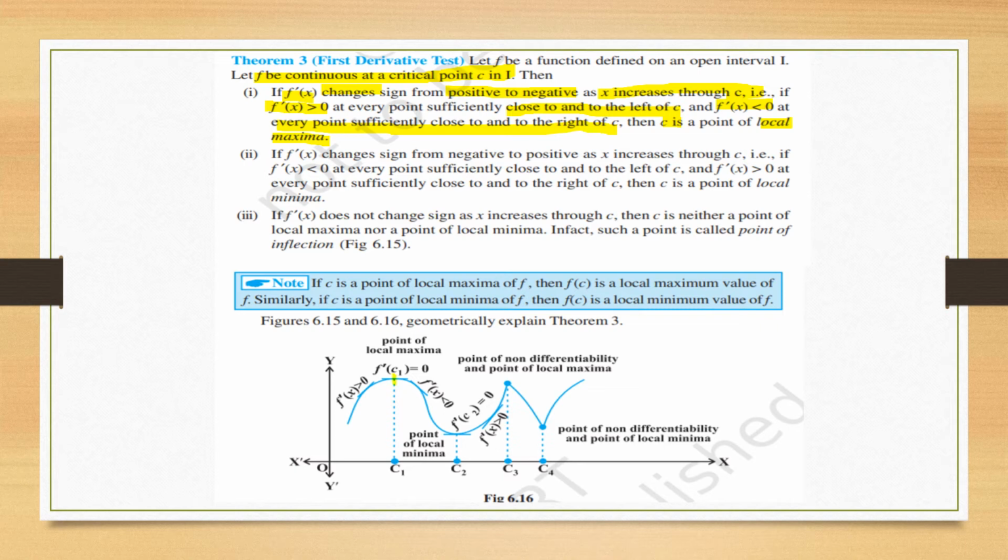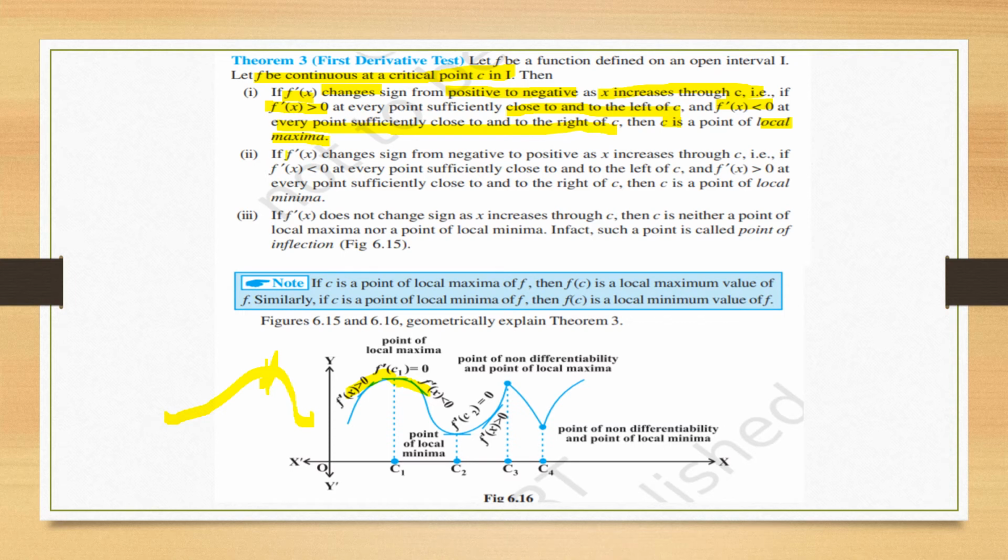See, the derivative at points behind, like c minus h, is positive, and the derivative towards the c plus h side is negative. The derivative is moving from positive to negative, so it is a peak showing the maximum. So this is called a point of local maxima.